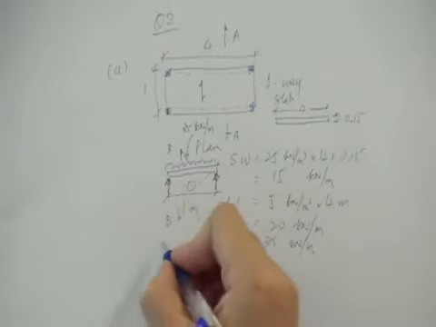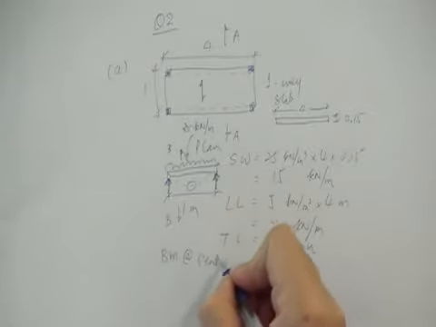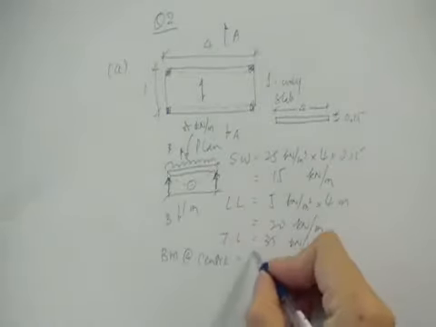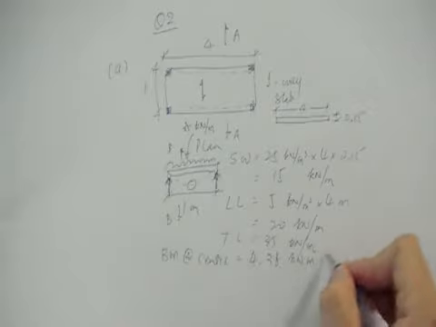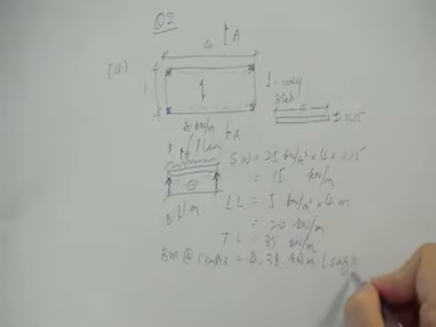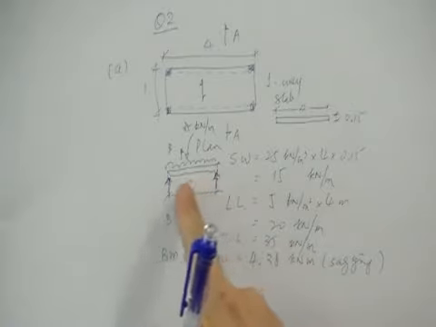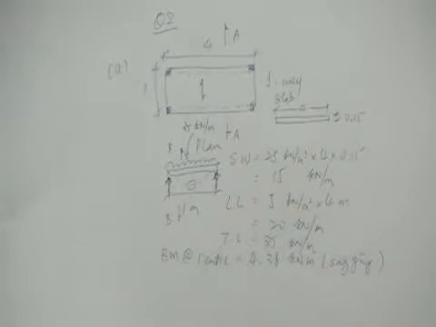So I just write down the bending moment at center is simply equal to 4.38 kilonewton meter, and this is a sagging moment. Well, that means the tension is at the bottom. So the reinforcements will be placed at the bottom of the slab.